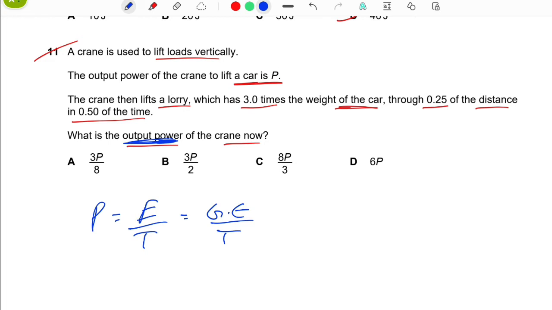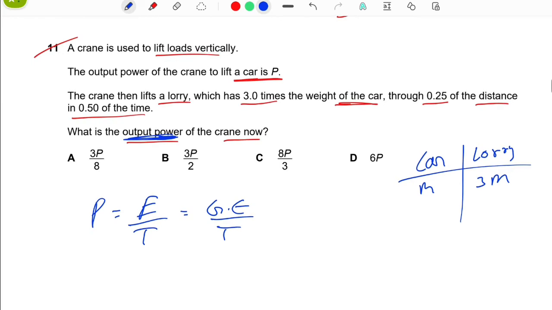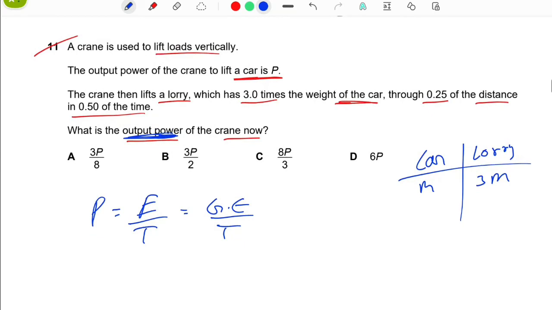So let us consider the mass of the car as m and the mass of the lorry as 3m, and now let's just substitute everything and get our answer. They have also secretly given us every detail for time and distance for both car and lorry. For once I also got into that trap, so now I'm going to explain where they have mentioned it.